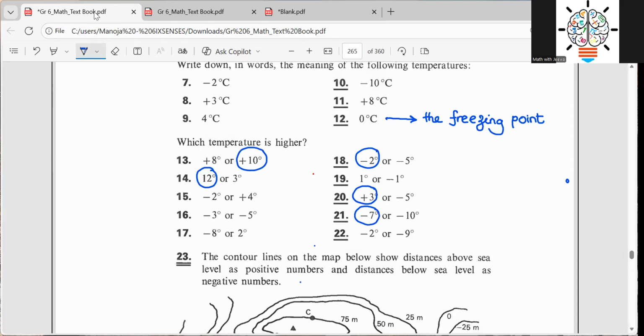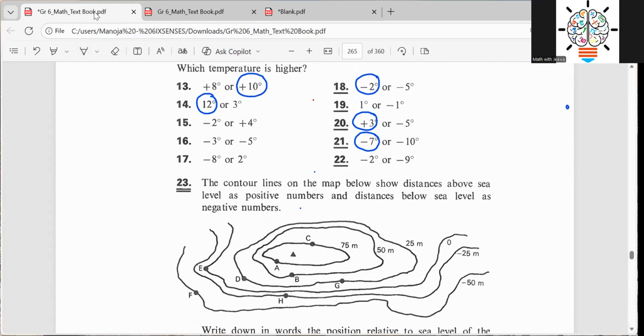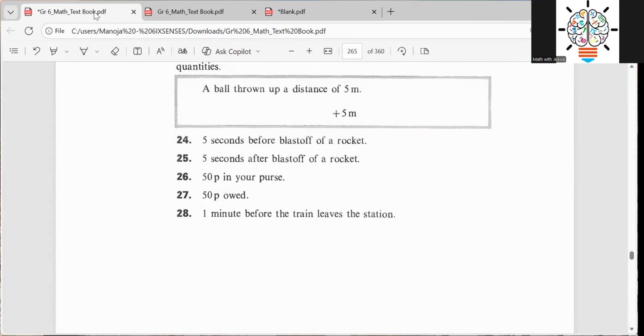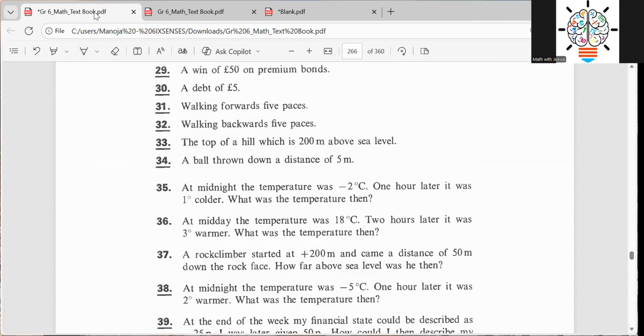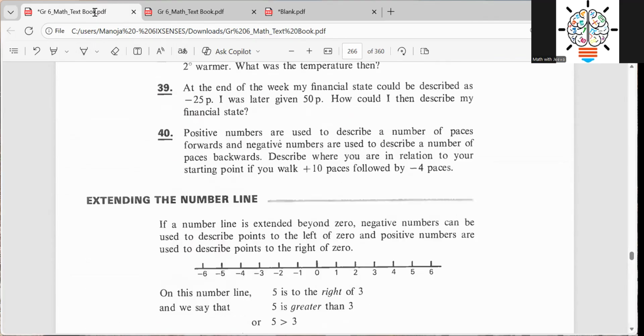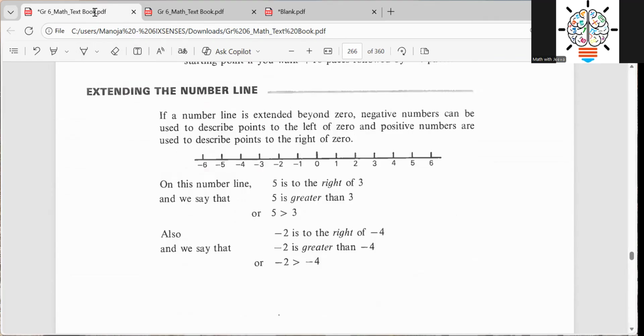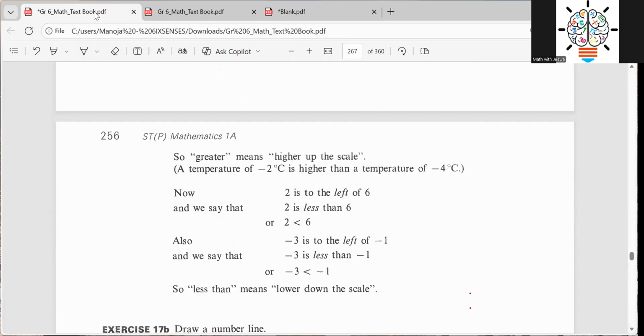If you can understand up to this, then you are done with a lot of this topic, because this is the basic, right? If you can understand what I'm telling here, then the rest of the lesson will be very easy. So tomorrow or in the next video, we will discuss how we can extend the number line and how we can see what is bigger and what is smaller.